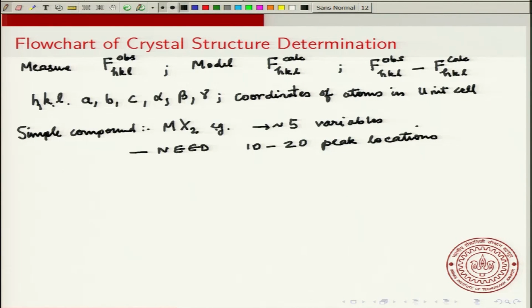You need the 2 theta value from about 10 to 20 peaks in order to do this, and this can be done using powder XRD. So, powder XRD is fine. A usual laboratory scale powder XRD works.